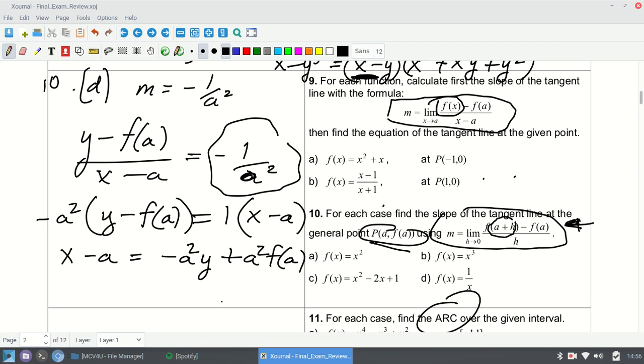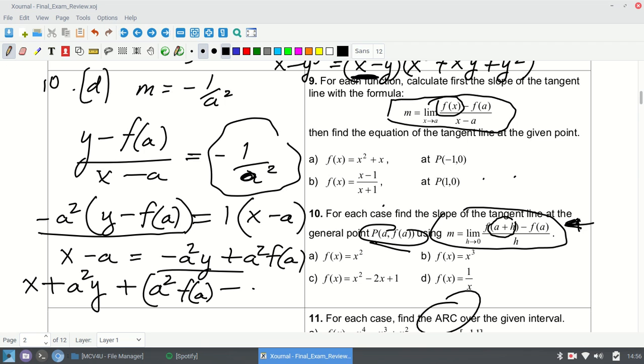I just expanded that. And then I've got to bring all this stuff to the other side. So I get x plus a squared y plus bracket a squared f of a minus a equals 0.